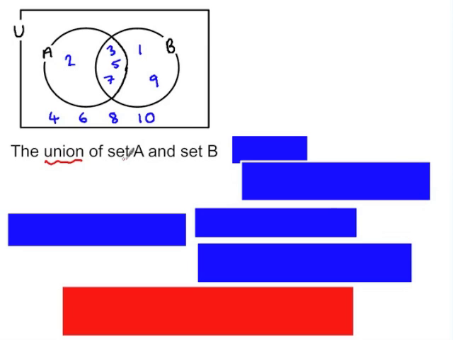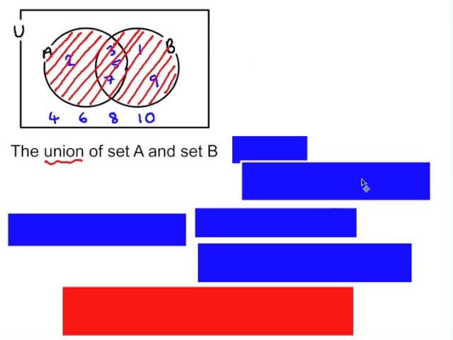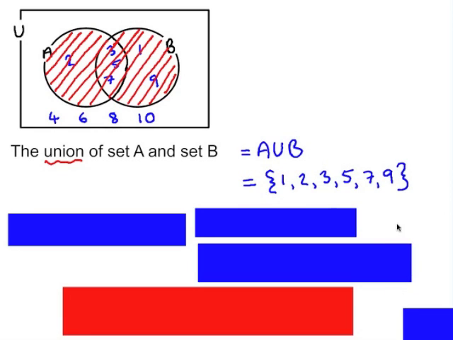The union of set A and set B is the region of the Venn diagram enclosed by both of the circles A and B. And it's denoted by the symbol U. A union B, the union of A and B. And the elements of the set A union B are 1, 2, 3, 5, 7 and 9.